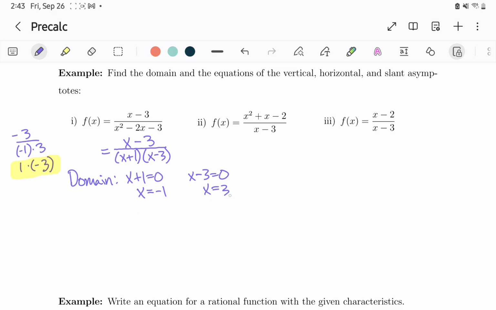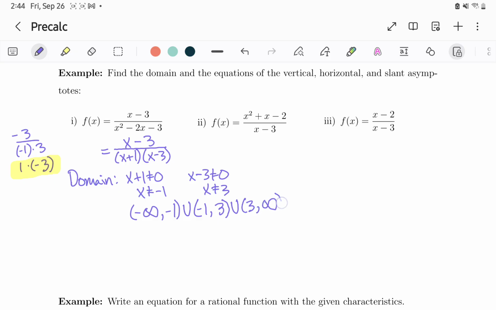So we want to exclude negative 1 and 3 from our domain, so it's going to be the interval from minus infinity up to negative 1, then set union, and pick right back up on the other side of negative 1, the interval from negative 1 to 3, and then set union, the interval from 3 to infinity.